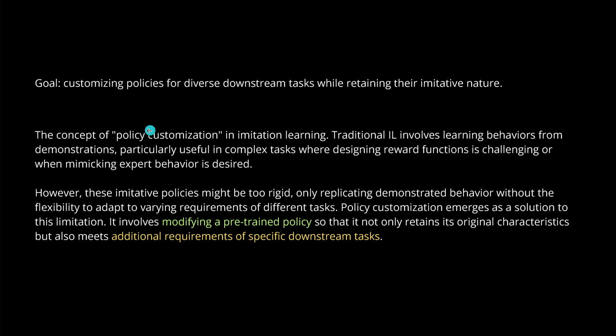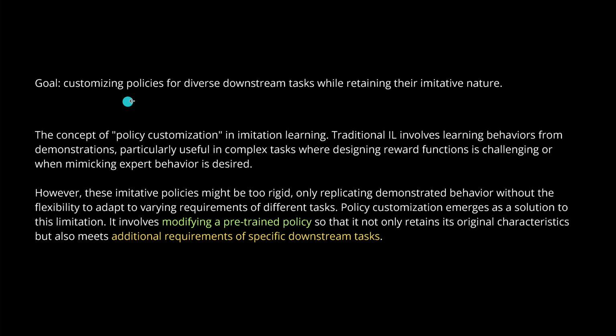Now, policy customization is something new, something nice. So the goal is customizing our policy for diverse downstream tasks while retaining its imitative nature. What does it mean? You have a system that learns something and now you have different, diverse, one, two, three, additional downstream tasks where you want the system to have optimal performance.